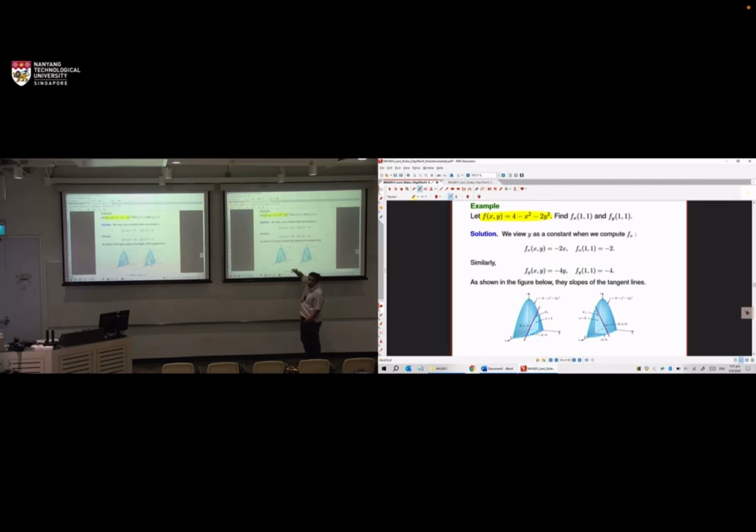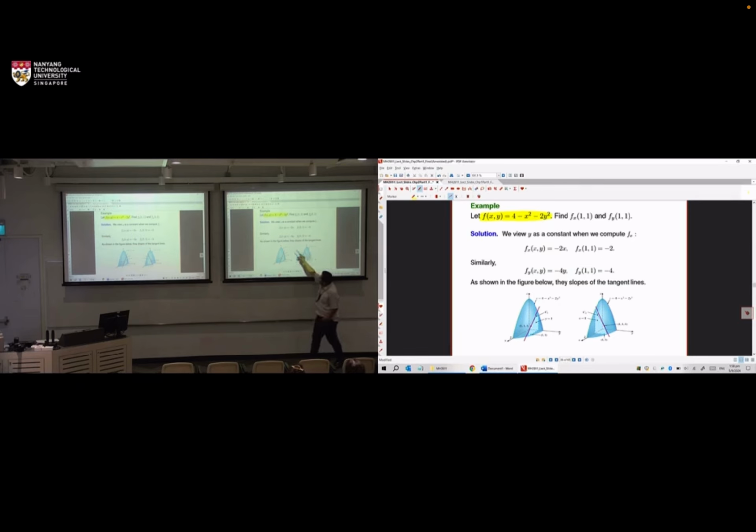That means you are in relation with the x-axis, right? And your slope is this way. It's not this way, it's this way. So it's a negative. And over here, you have the same thing.